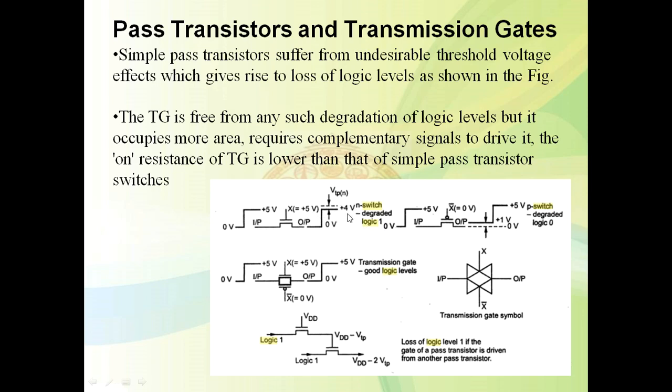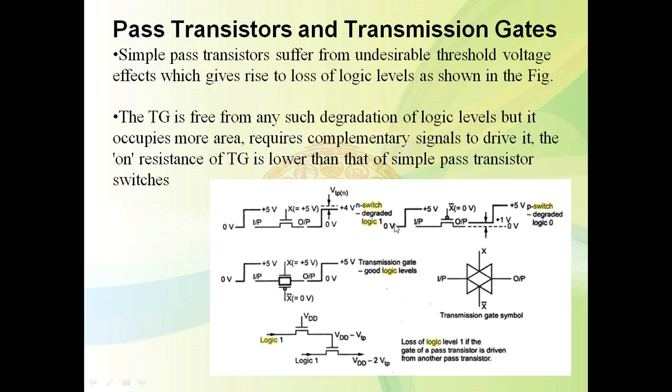Let us assume that VT is equal to 1 volt threshold voltage. So instead of 5 volt we will get 4 volt. So the n-type transistor degrades its logic level, it should be equal to 5 volt, but here we are getting 4 volt.